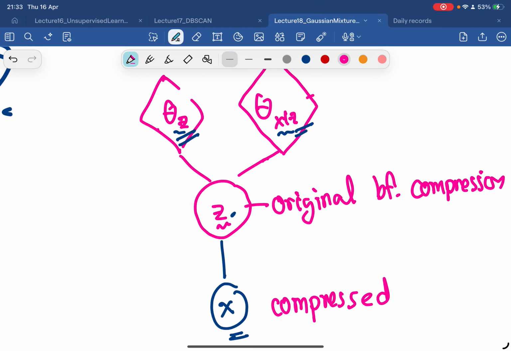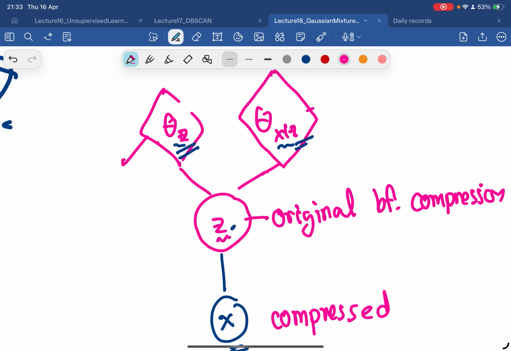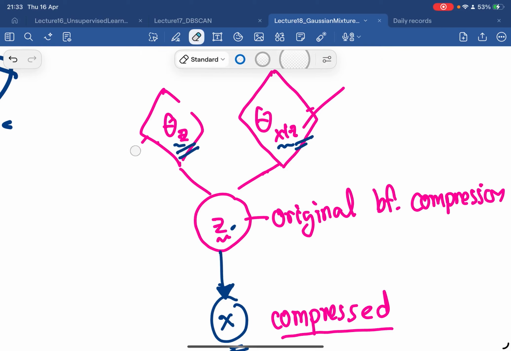Of course, the original data has its own distribution. The compressed part will also have its own distribution. But the only condition that is needed is that X has to be mostly influenced by Z. That's the most important assumption in expectation maximization.